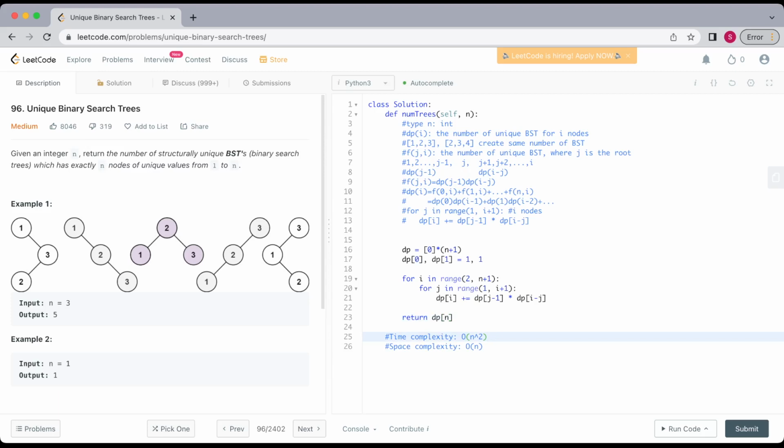And our time complexity is O(n squared) because we have the 2-layer loop here. And the space complexity is O(n) because we need to store the dp list, which is from dp[0], dp[1] to dp[n].